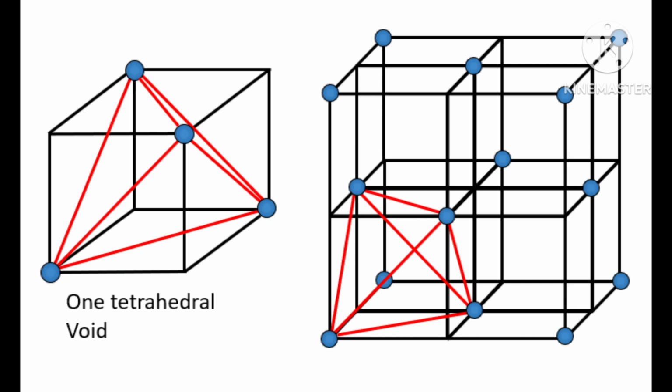Then here you have seen that on one small cube, a total of 4 spheres is there, meaning 4 atoms are arranged and all are at alternate corners.